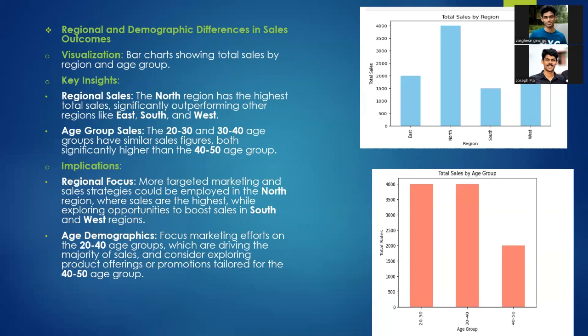The demographics of the 20 to 30 and 30 to 40 age groups were the most active contributors in sales. The recommendations include focusing on targeted marketing strategies in the high performing regions and exploring opportunities to better engage underperforming demographics. That's what is in this slide.